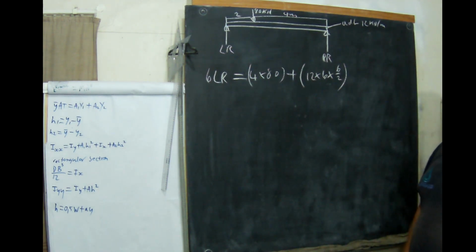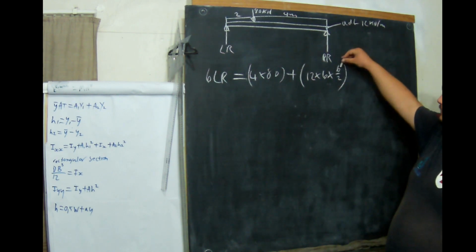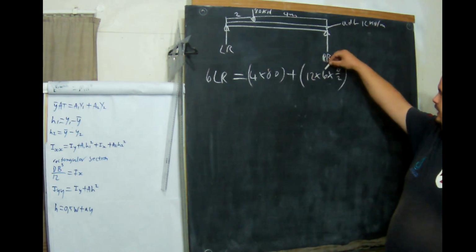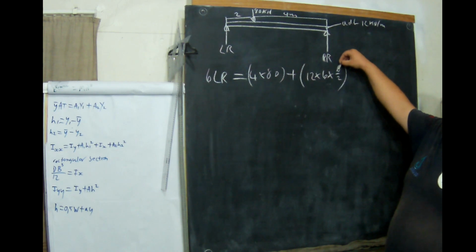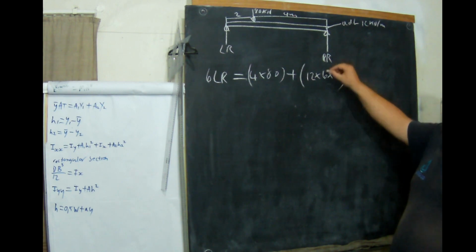That's how a full length UDL works. You take the whole UDL and then multiply that by half the length.